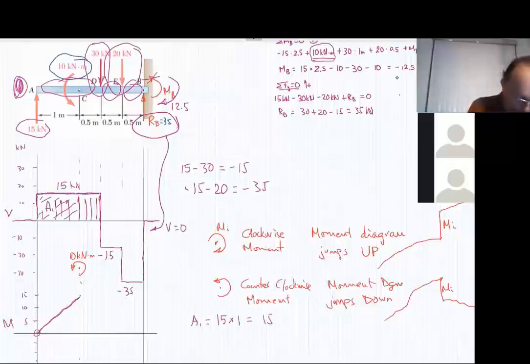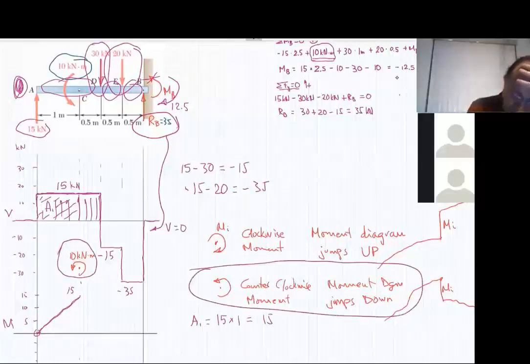Now we are here at 15. Then we find the concentrated moment, which is counterclockwise, so I have to move my diagram going down. How much? 10. So 15 minus 10 is 5, so I go down to 5.